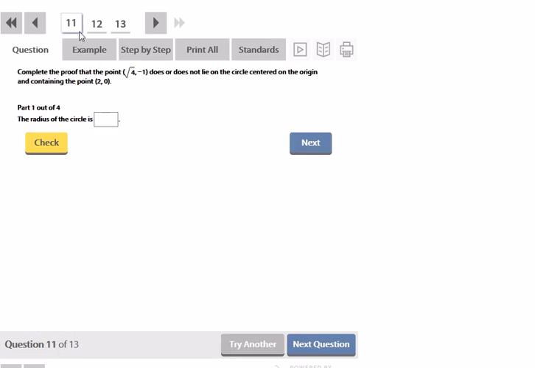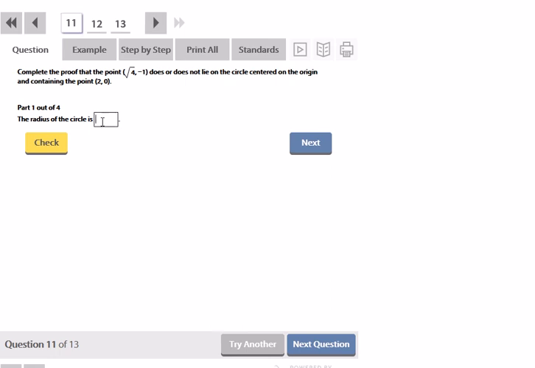Complete the proof that the point square root of 4 comma -1 does or does not lie on the circle centered around the origin and containing the point 2 comma 0. Okay, so the radius of the circle, if it's centered around the origin and it contains the point 2, 0, that means you can use the distance formula, but that's going to end up giving you 2, because from the origin to 2, 0 is 2 units.